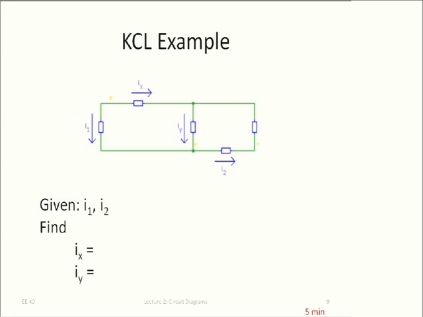Ix by I1. Okay. Here? Yes. All right. Fine. So then the current going out down is I1. Okay. Made sense to everyone?